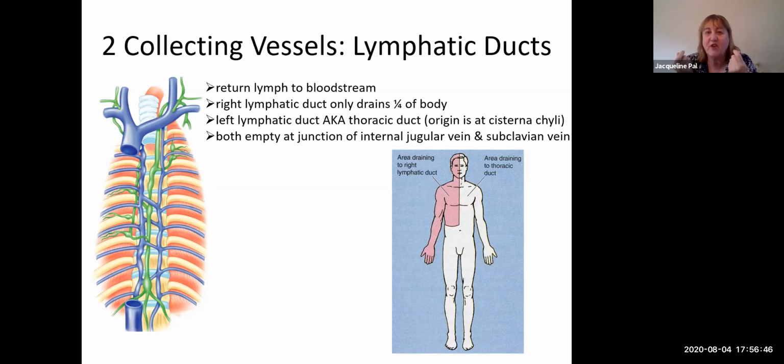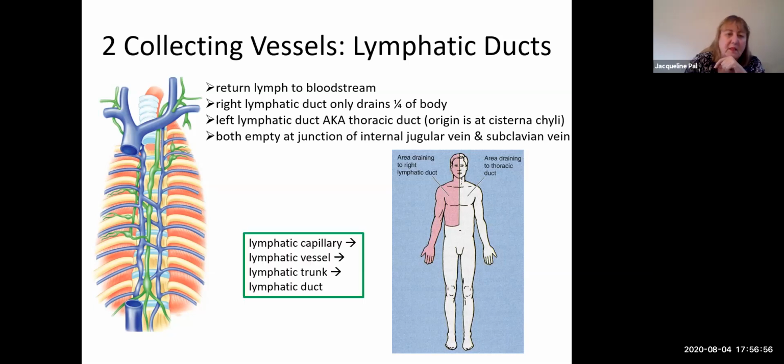So if we have fatty substances, or we have stuff in there, this is the area where it would have maximal blood dilution. So when we looked at our lymphatic structures, we went from a lymphatic capillary to lymphatic vessels to lymphatic trunks for each region to our final two lymphatic ducts known as the right lymphatic duct and the thoracic duct.